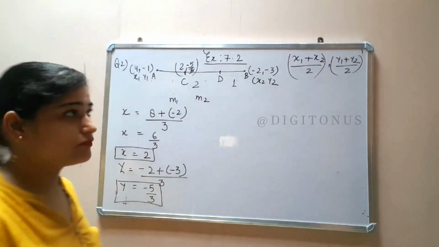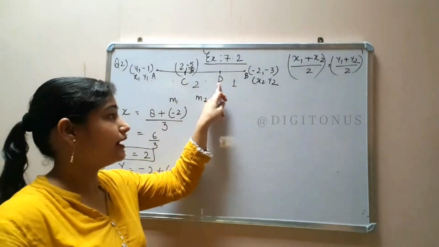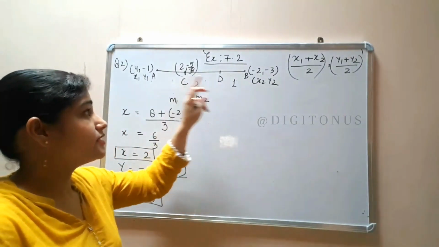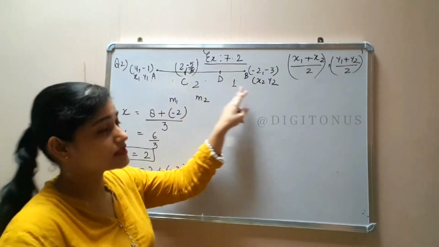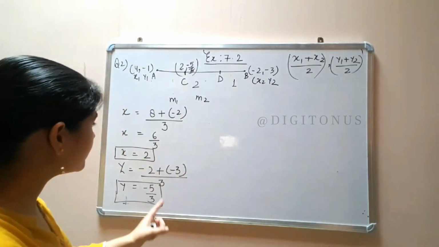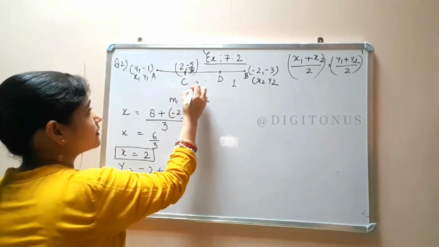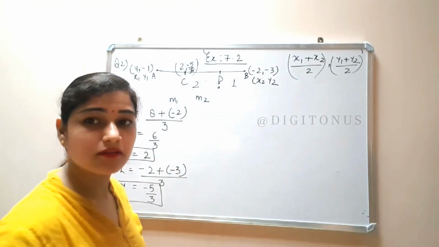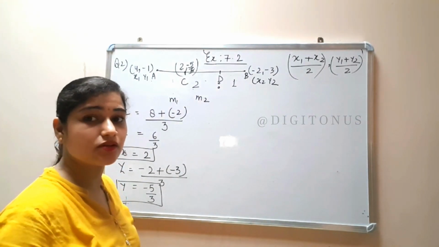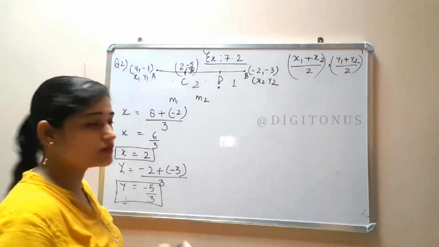This is the midpoint formula, because point D is at the center of points C and B. So you can apply the midpoint formula, or the section formula with the ratio 2:1. It is up to you which concept is easy for you. I have told you both the concepts.